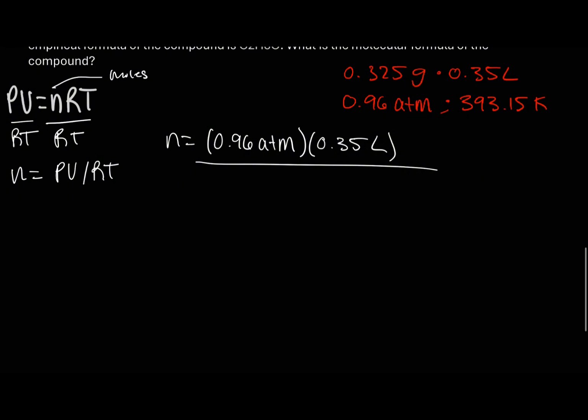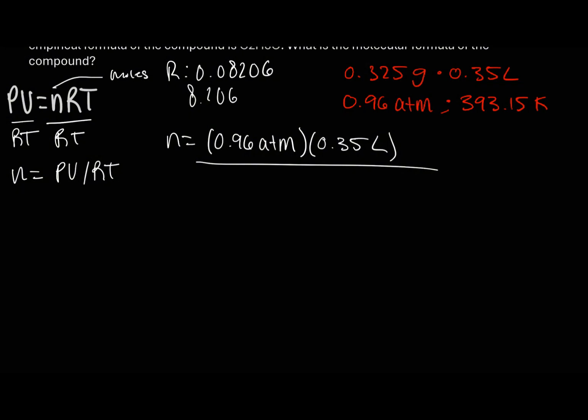our R constant, which, if you don't know, will be approximately 0.08206, or other times in other equations it could be 8.206, something like that.